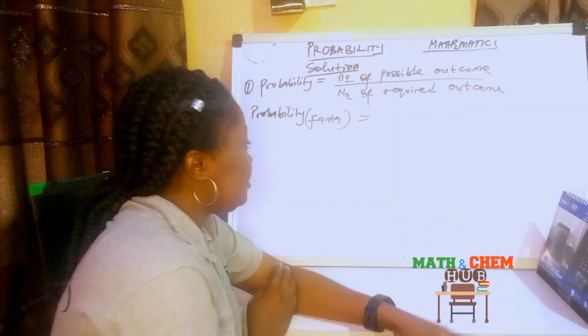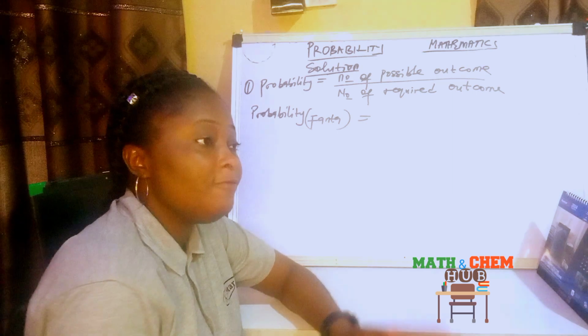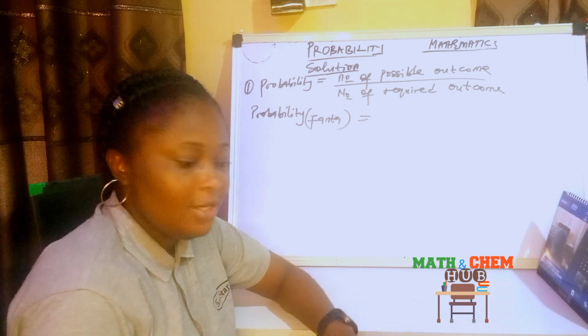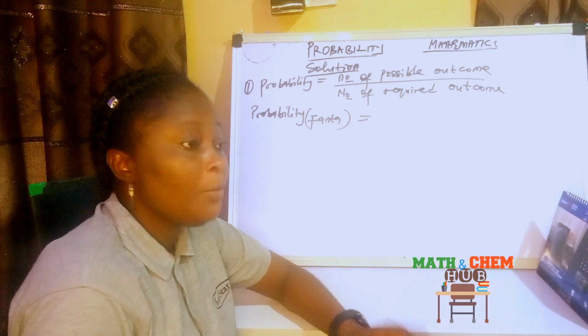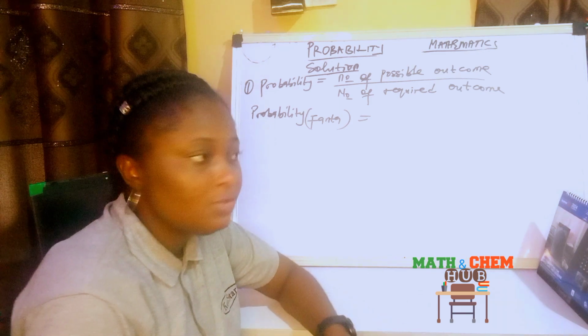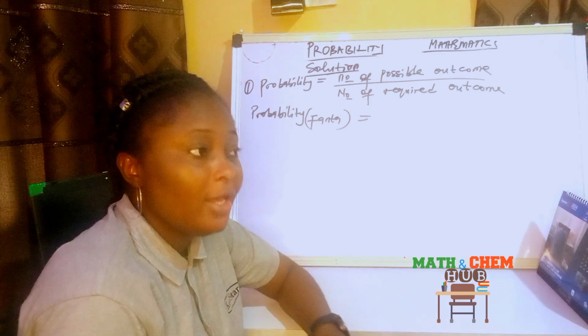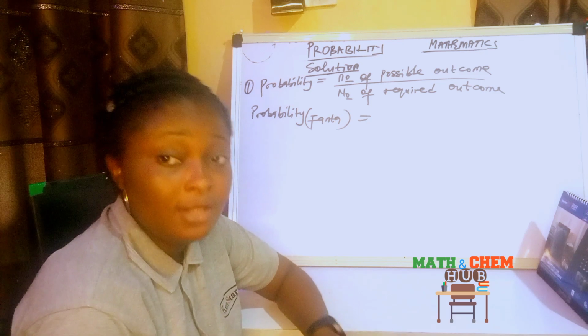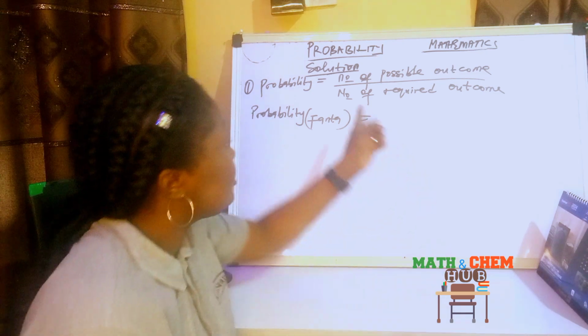Question number 1 says, what is the probability that the favorite drink of the student picked is Coke? Remember, in the question it stated that 7 out of the 10 students like Coke, while the rest like Fanta.